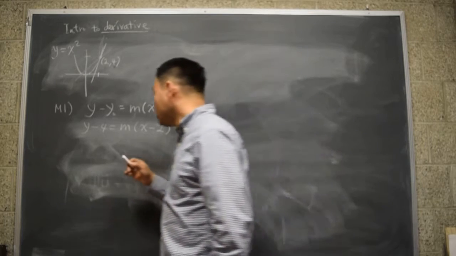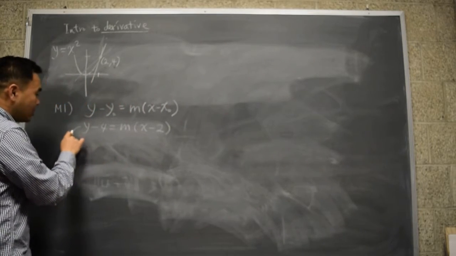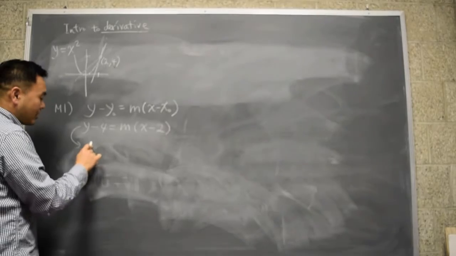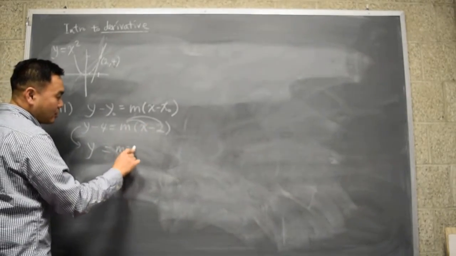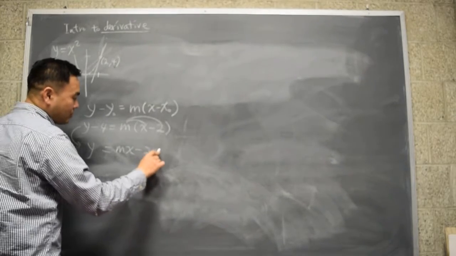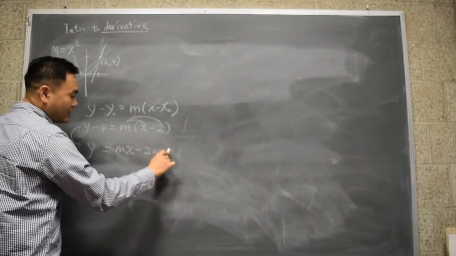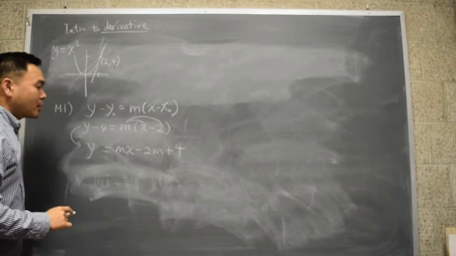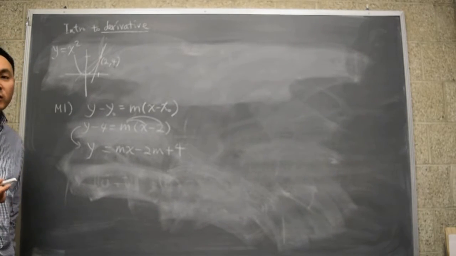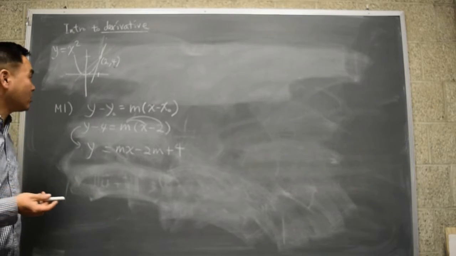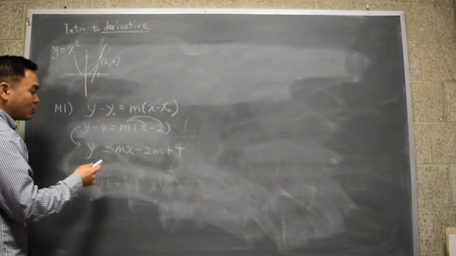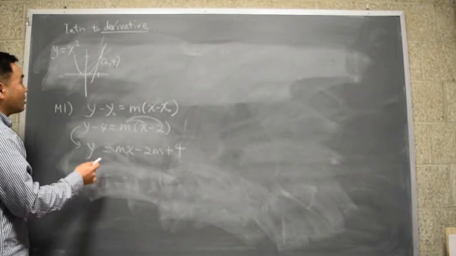Now, to use that property, let's first simplify this by multiplying m out. So it's mx minus 2m, and 4 is added, just like this. And then think about how we can figure out the point of intersection. How do you find the point of intersection between two graphs? Well, you set them equal to each other.